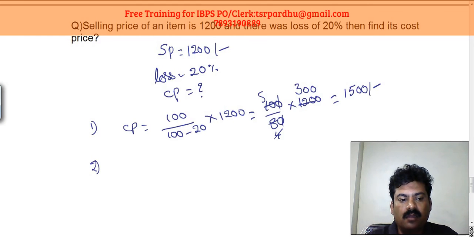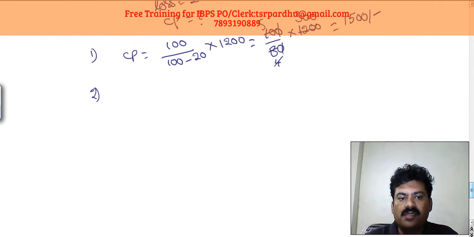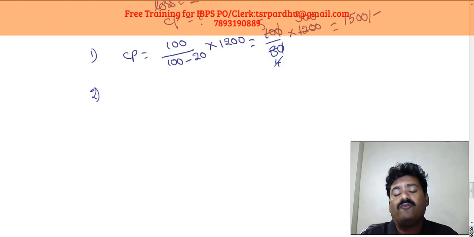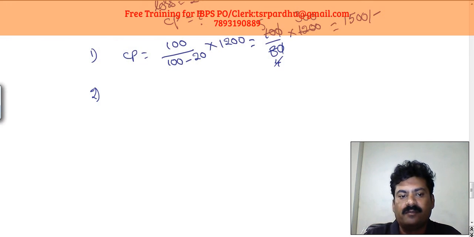Otherwise, in the second technique, a simple technique, wherein we can find a simple thing like this. Okay, after selling the item, there is a loss of 20%. Initially cost price is 100%. After selling the item, only the 80% of the amount is remaining.